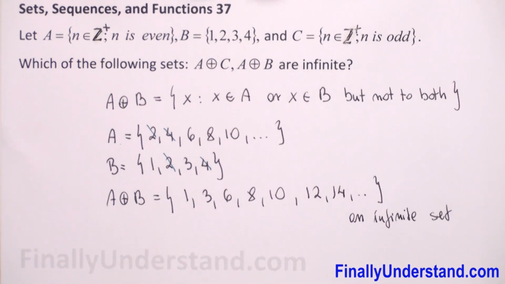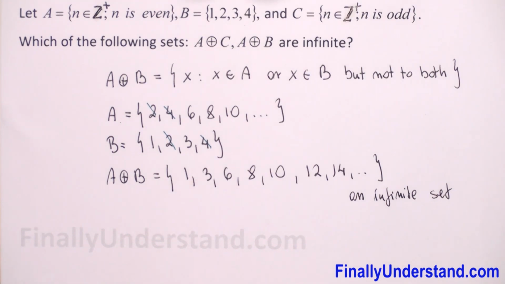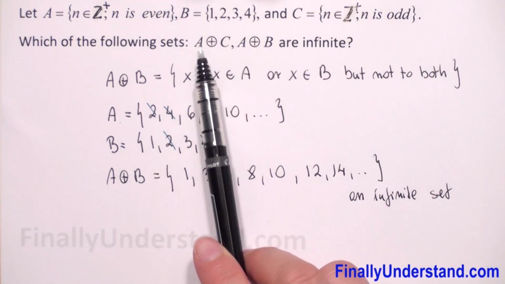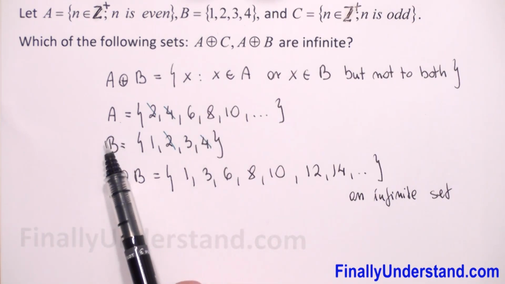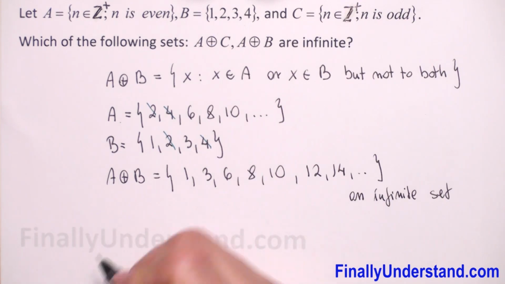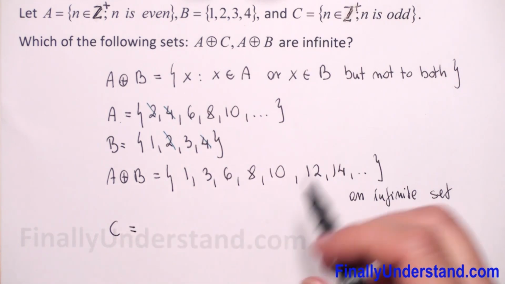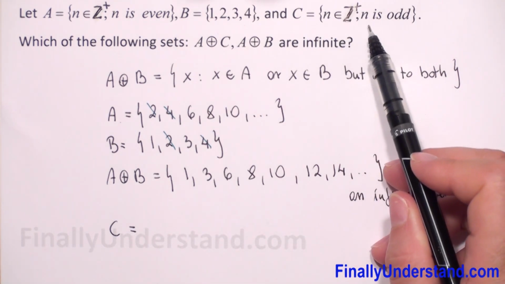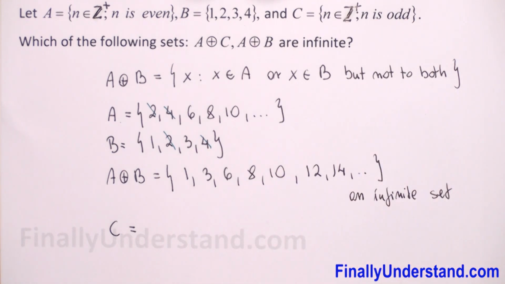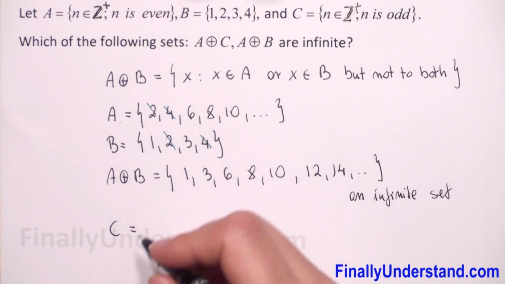And next we have to find the symmetric difference of sets A and C. We have A and we need C. We know that C has all positive integers that are odd. Any integer that cannot be divided exactly by 2 is an odd number.